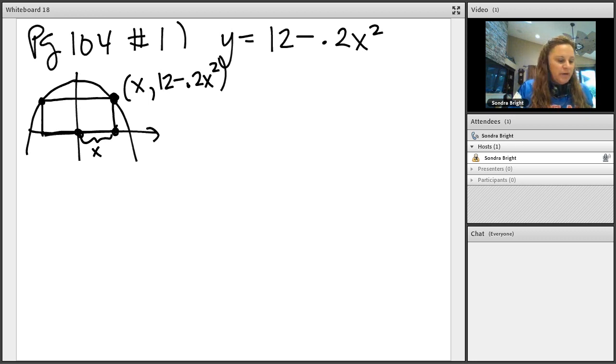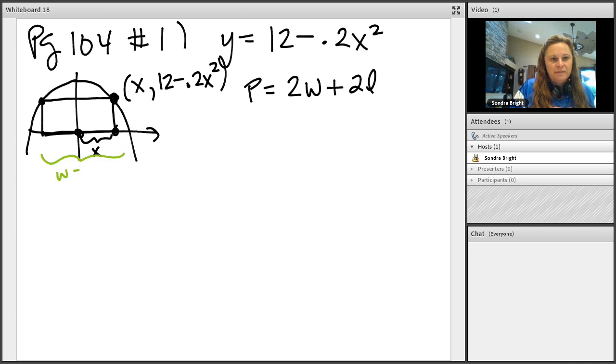Okay, and they want us to find the maximum perimeter. So the perimeter, if you remember, is 2 times the width plus 2 times the length, where the whole bottom part is your width, and that'll be 2x because you got x plus x, and then your length is that guy. I know I didn't draw it like that, but whatever.